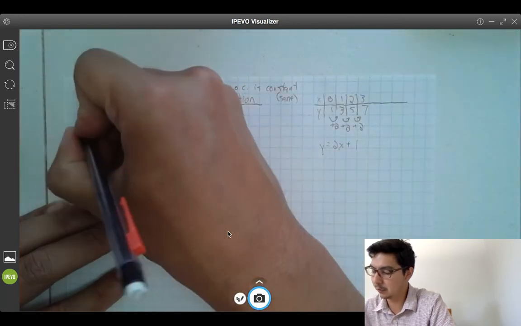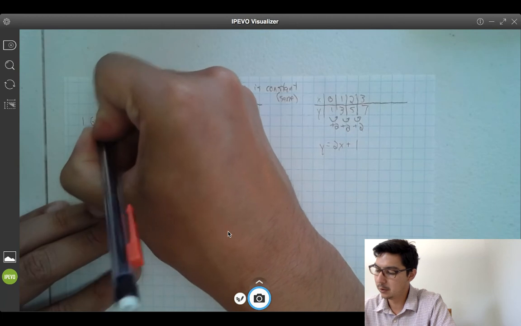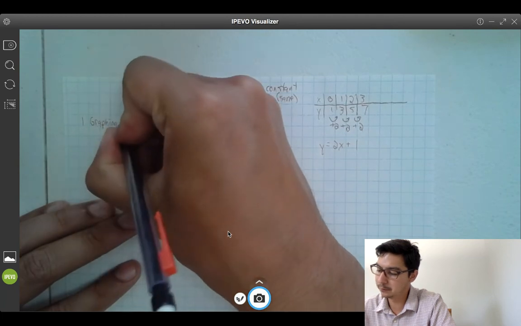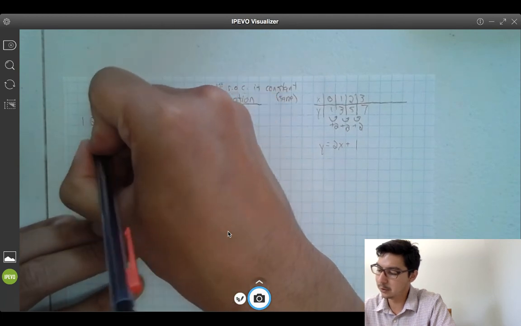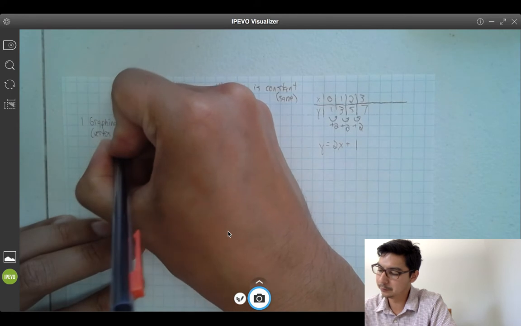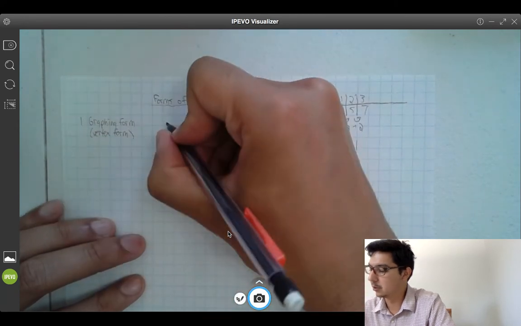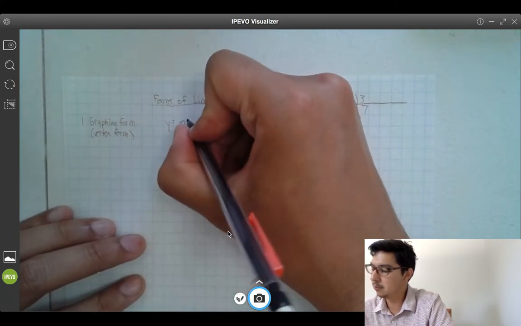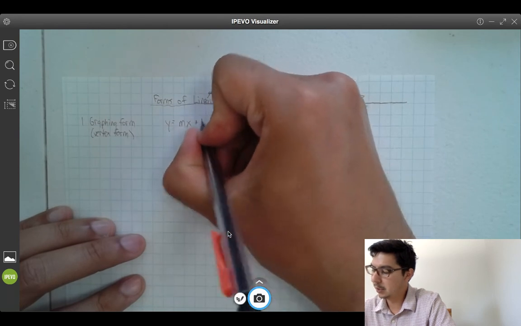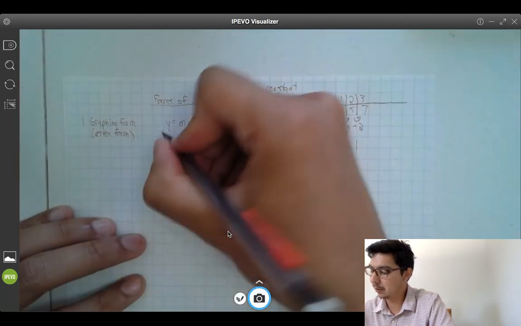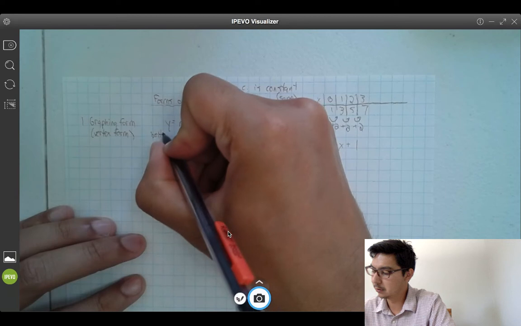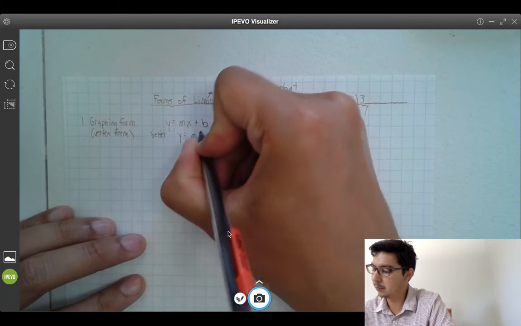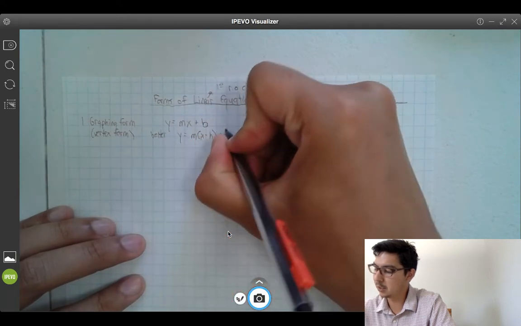And this actually relates to the first form, which is the one you're familiar with, which is graphing form, or they also refer to it as vertex form, which is y equals mx plus b. That's the simplistic view of it, but really the better of it is y equals m(x minus h) plus k.